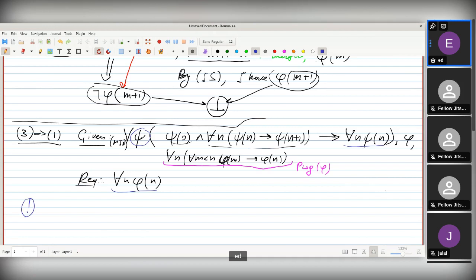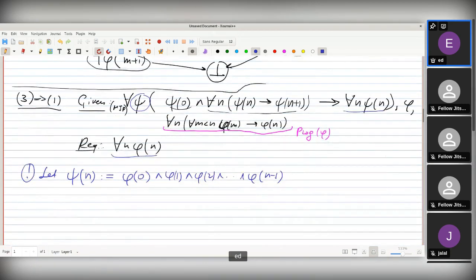And our statement will be as follows. Let psi of n be just that. This, say, conjunction: phi holds for 0, phi holds for 1, phi holds for 2, for all numbers which are less than, please notice, strictly less than n. Or, more precisely, it is this quantified statement: for every m less than n, phi of m holds.